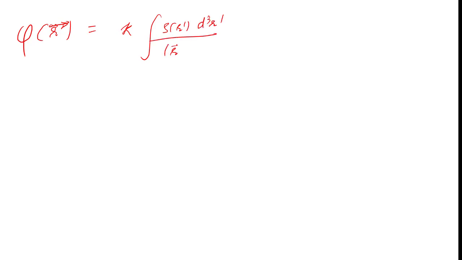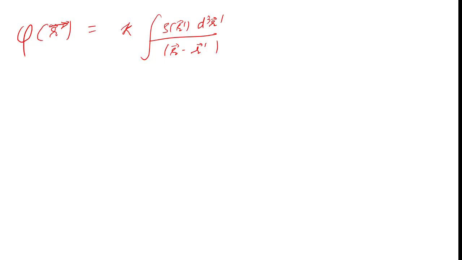But let's go back to how we described phi for any charged body. We saw that phi was a function of r. So the phi at any given place r, we wrote as k times rho of r prime d cube r prime divided by r minus r prime. These are vectors, right?